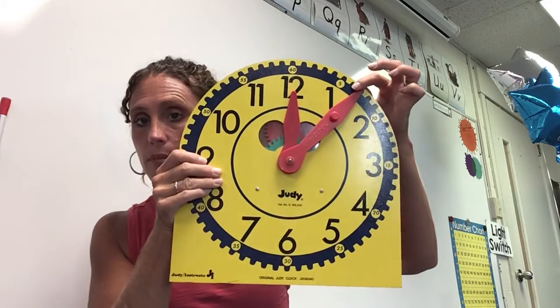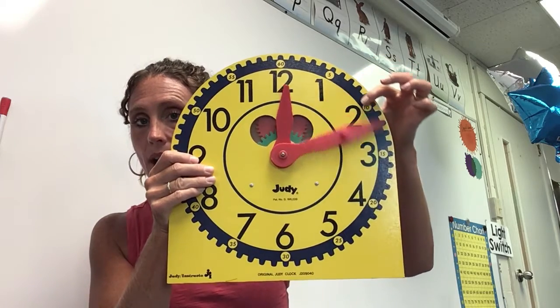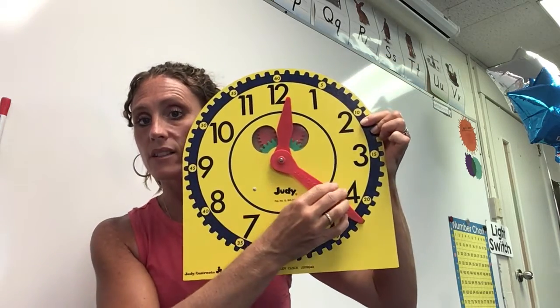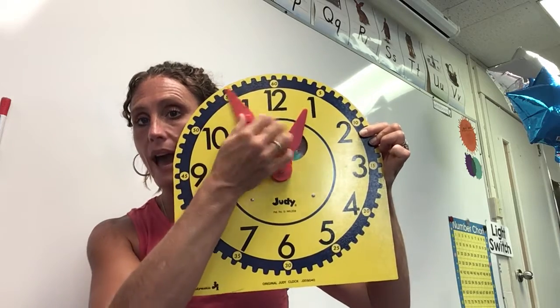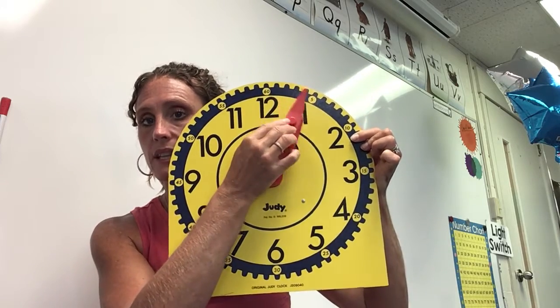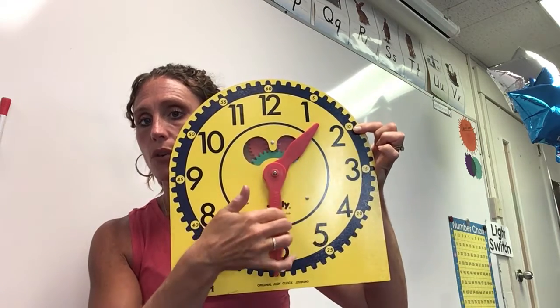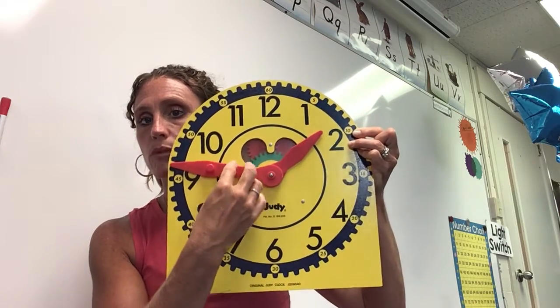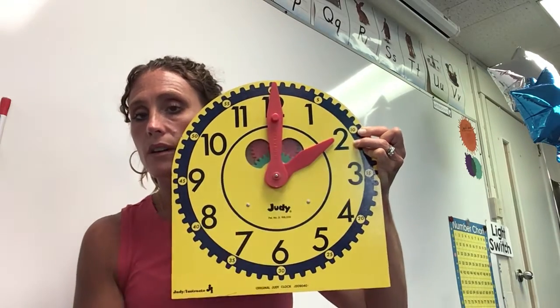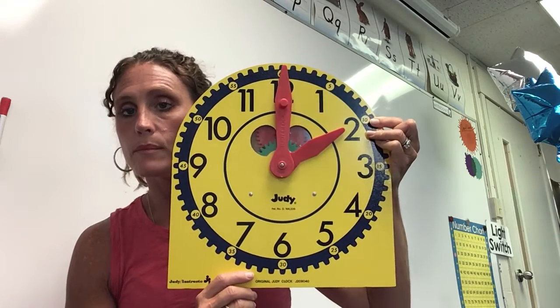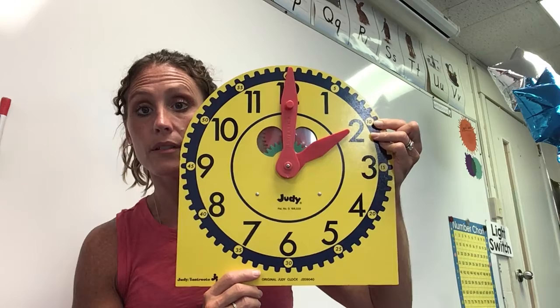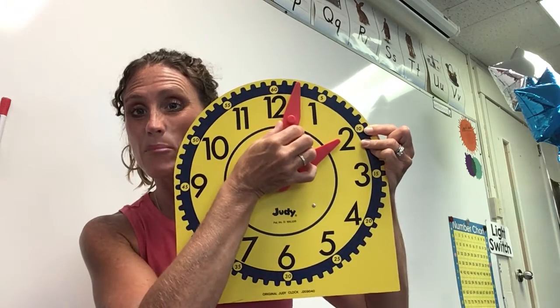Does anybody know how many minutes are in a whole hour? If my minute hand tick, tick, tick, all around the whole clock, and we move to the next hour, how many minutes are in 1 hour? 60 minutes in 1 hour.